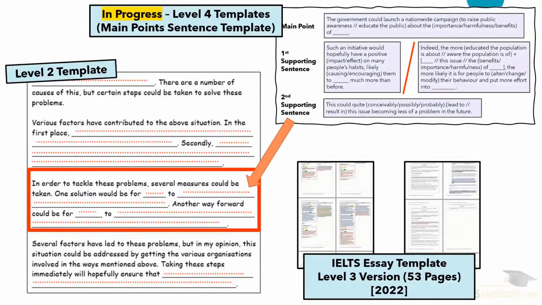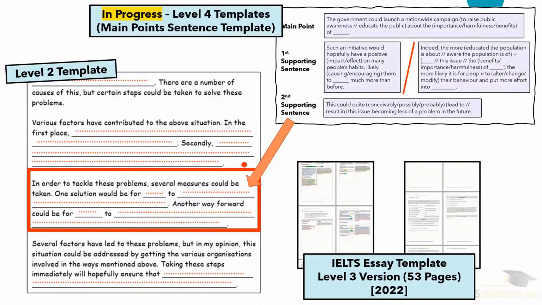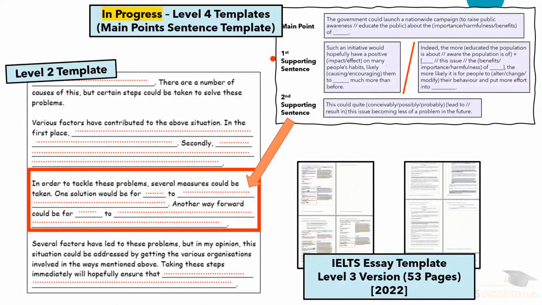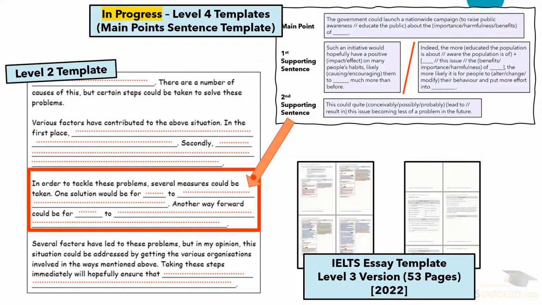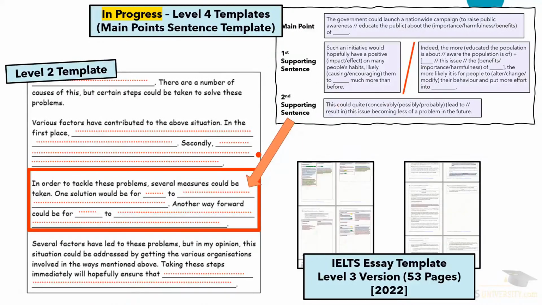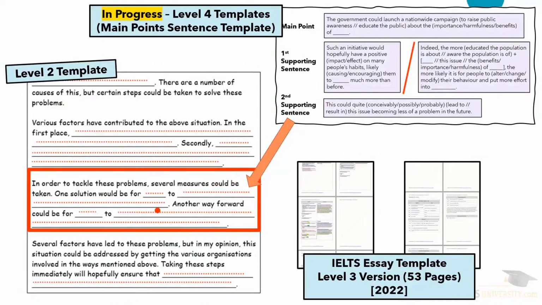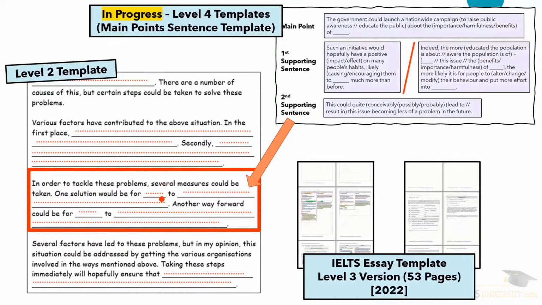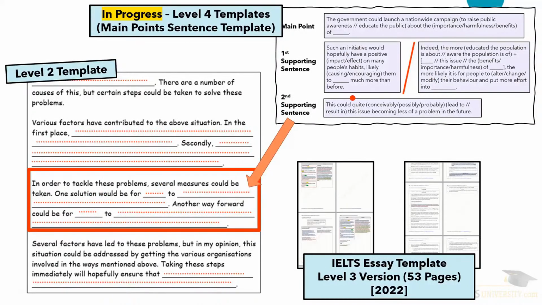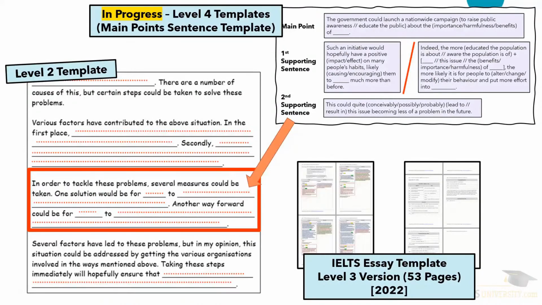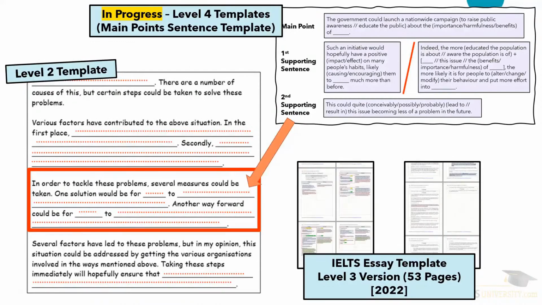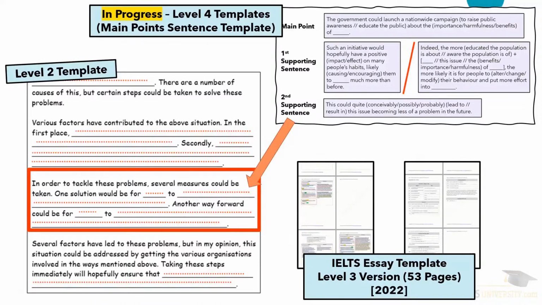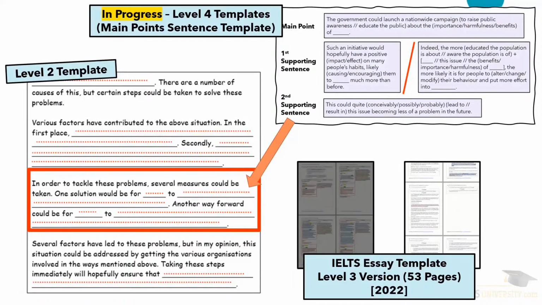So again, what I'm doing for level 4, which I'm currently creating right now, is that rather than you filling in so many words, you have this, and it's going to be so much easier to write your solutions, and it's going to be much better than you can write by yourself.